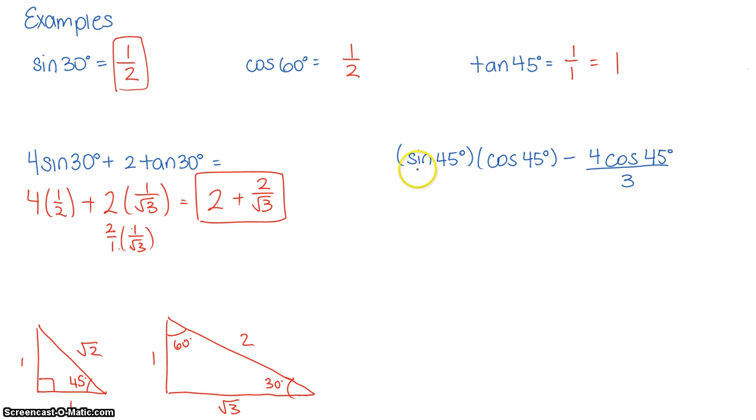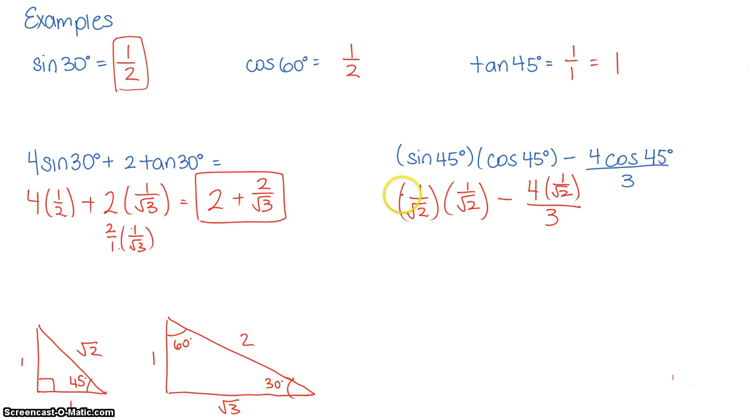Here's another scenario. Sine of 45 degrees, opposite over hypotenuse, 1 over root 2. Cosine of 45 degrees, adjacent over hypotenuse, 1 over root 2. Minus, now, 4 times cosine of 45. Well, cosine of 45, we've already figured that out. So 4 times 1 over root 2 all over 3.